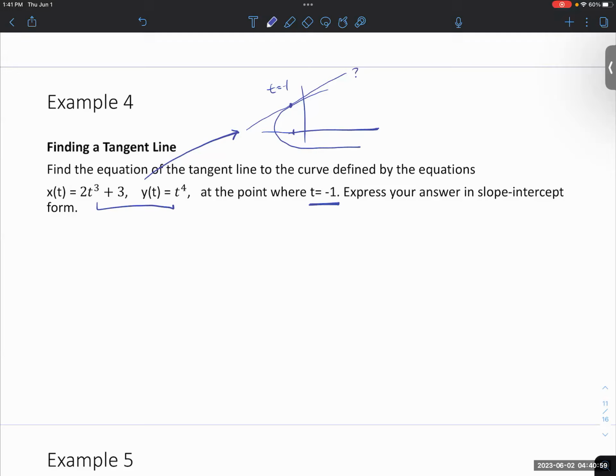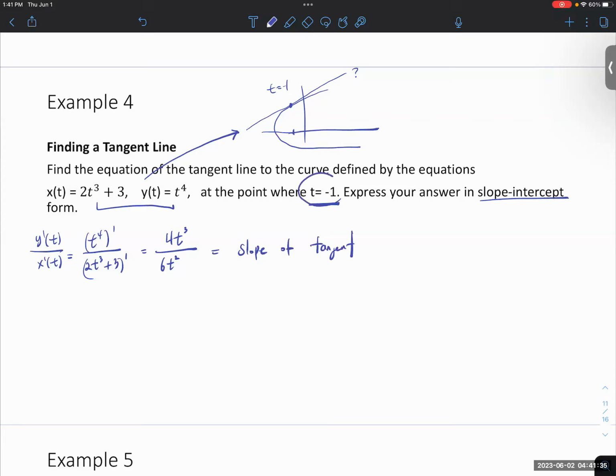So let's take a look at the step-by-step work. Actually, y prime first. So y prime over x prime. You will get the derivative of t^4 over the derivative of 2t^3 + 3, that is 4t^3 over 6t^2, right? This is the slope of the tangent line we're looking for.